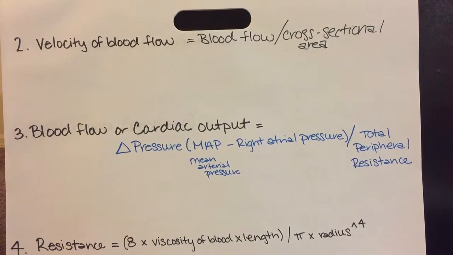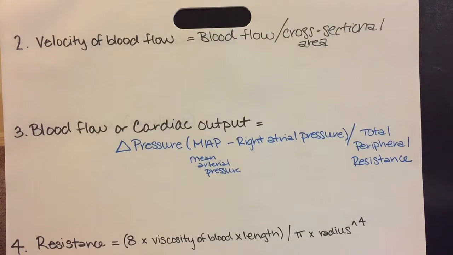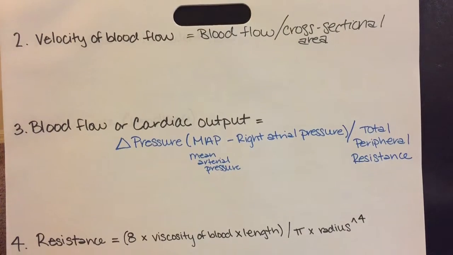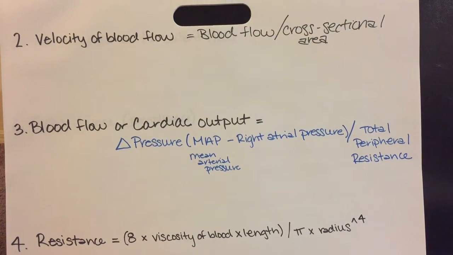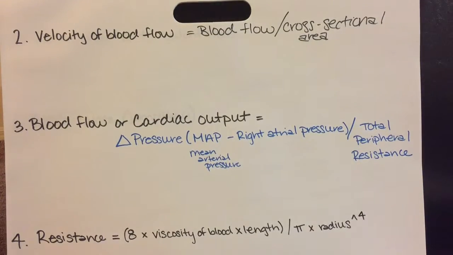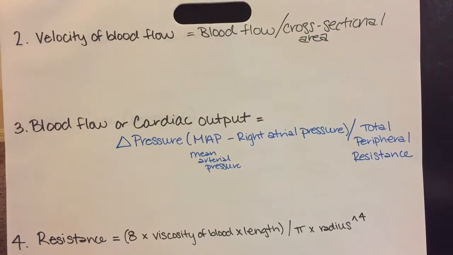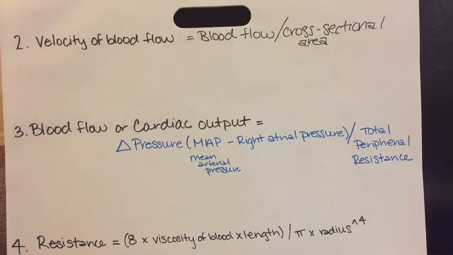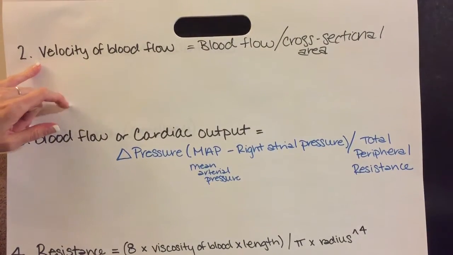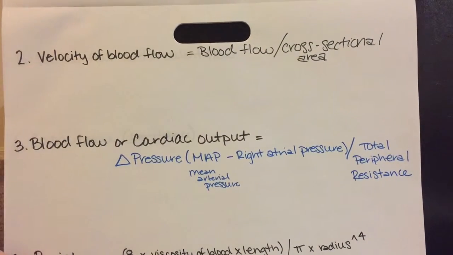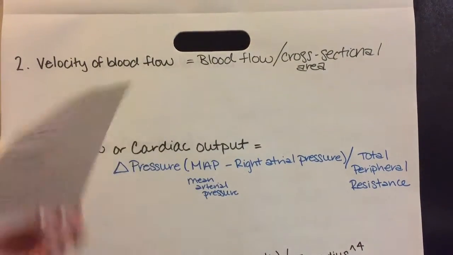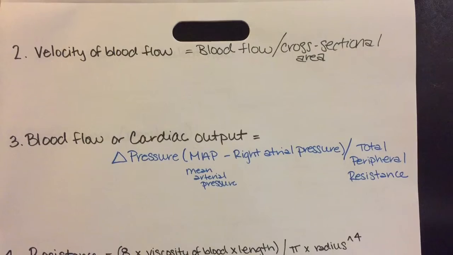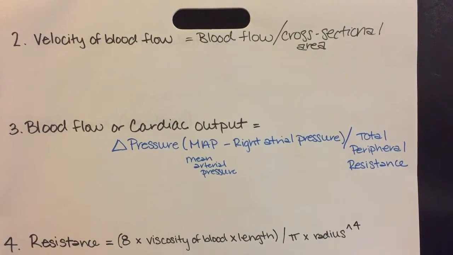In our large vessels, the cross-sectional area is relatively small and velocity of blood flow will be much faster. In our smaller vessels, there is a greatly increased cross-sectional area, which decreases the velocity of the flow. The velocity then is directly proportional to the flow and inversely proportional to the cross-sectional area. High in the arteries and low in the capillaries.